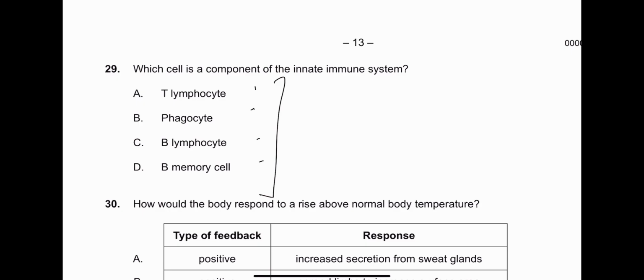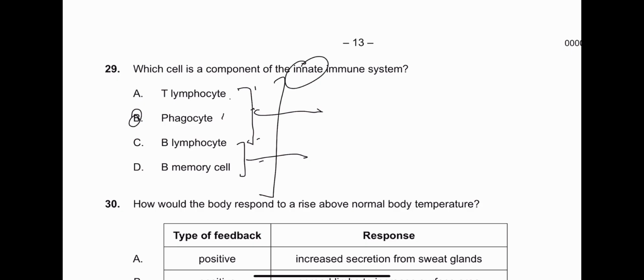Which of these have roles in conjunction with each other? Lymphocyte and memory cells are quite interlinked, so you would assume them to be part of the same system. And the T lymphocyte is also closely linked with them; they occur in the same chain of processes in the immune response. So based on that, we can deduce that the phagocyte is a component of a different part of the immune system, in this case the innate immune system.